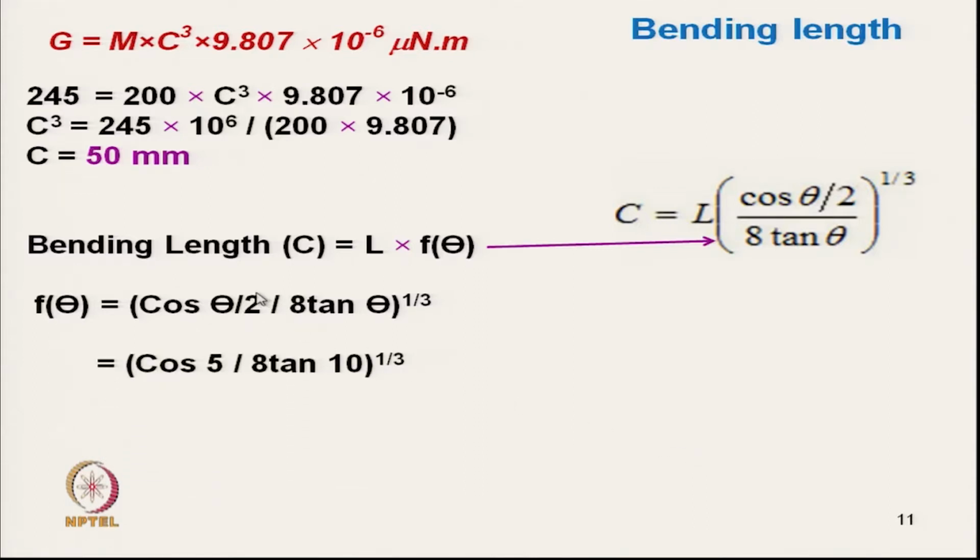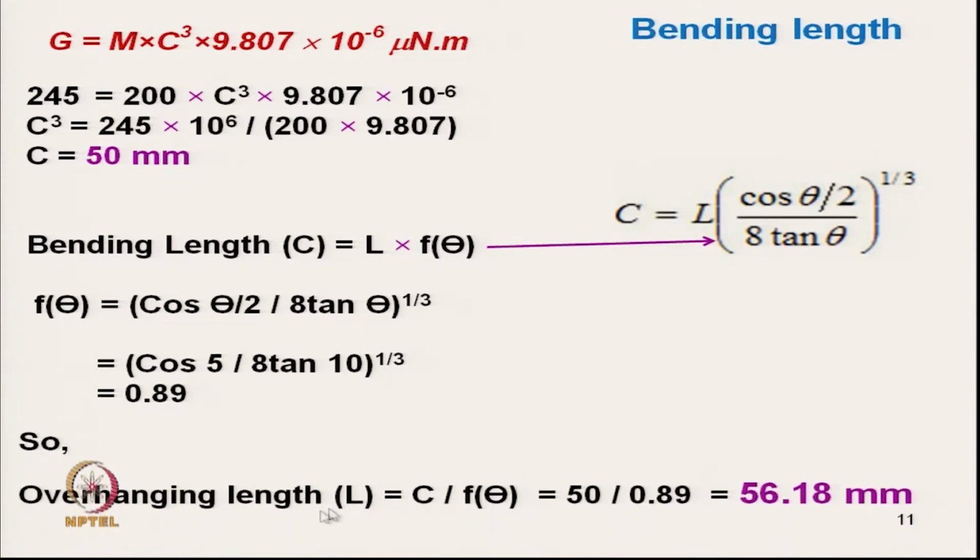So, theta is 10 degree: (cos 5 degree / (8 tan 10 degree)) to the power 1/3. From there we have calculated the function of theta as 0.89. So, from C we can calculate the overhanging length.